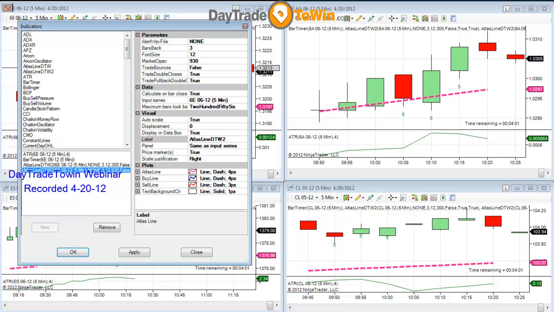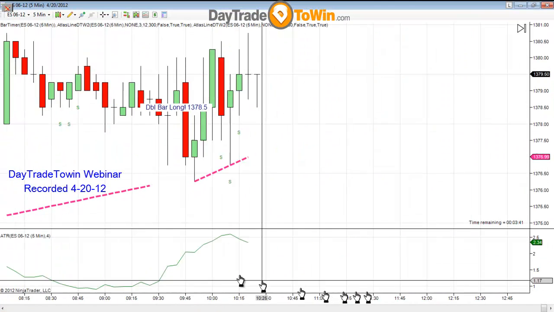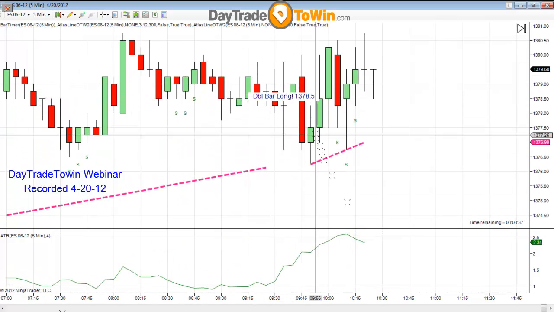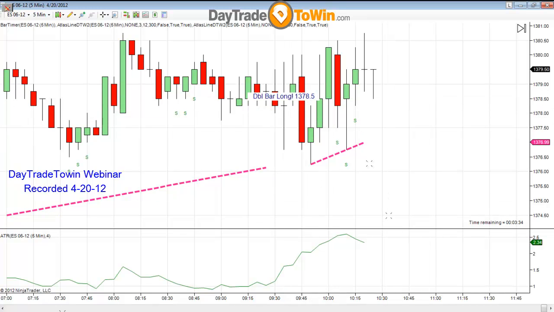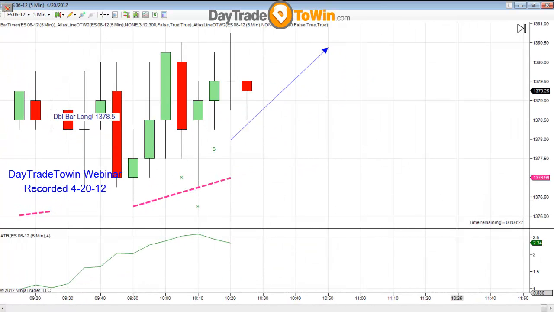Pullback, William, is not a short trade. Okay, pullback is not a short trade. What a pullback is, is when we have the initial double bar long or double bar short. So for example, here in the E-mini, just to give you an example, the initial double bar long or short presented itself. After this trade is finished, and if the market continues higher in a trend, then these strength or pullback trades are going to occur.